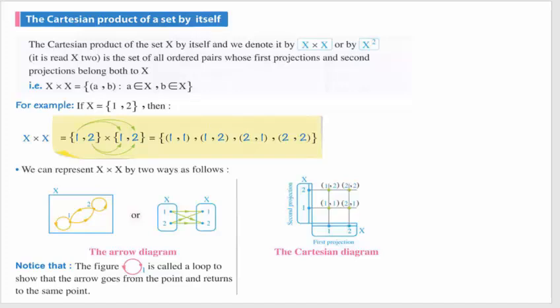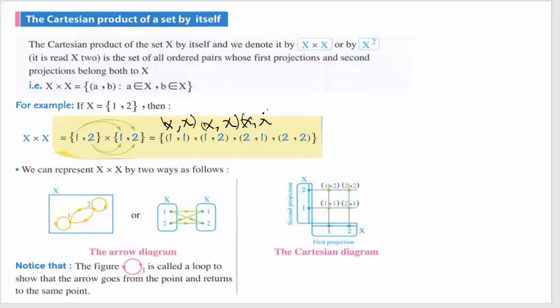First one, when I'm writing the ordered pairs, I will start with X in the first projection and also X in the second projection, because you said to me it's an ordered pair with X in the first image and X in the second image, and so on.